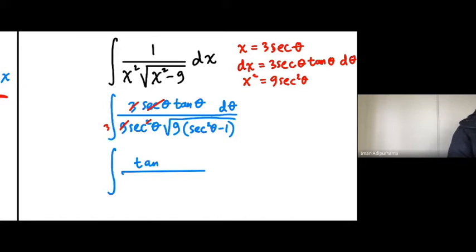So tangent theta d theta, secant theta, and then it's 3, and then another 3, tangent theta.